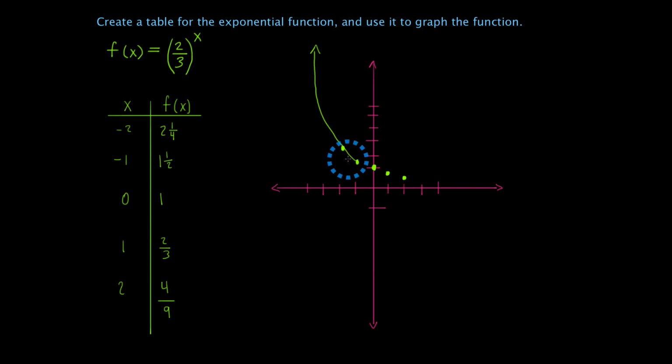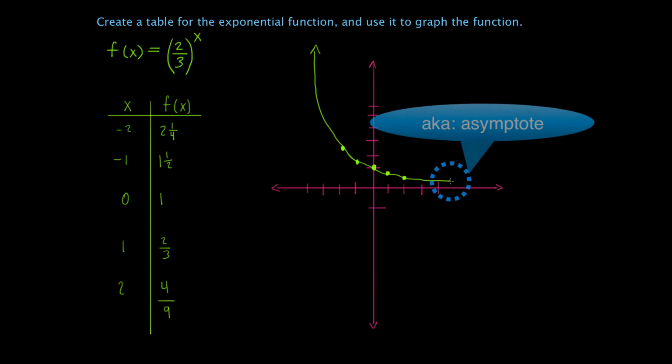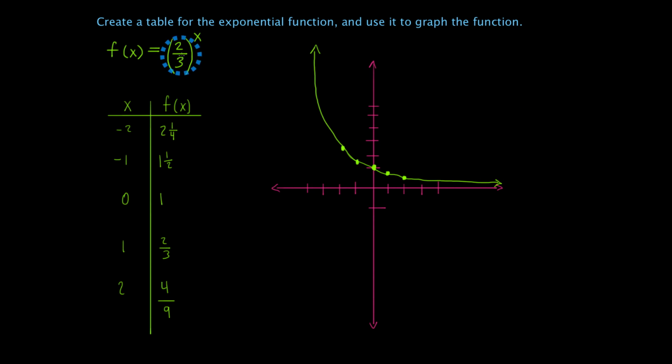It's decreasing quickly, and it's starting to curve or bend, and it's starting to level out as this line approaches the x-axis. It's going to come very close the further away from 0 it gets, but it will never touch. This line will never touch 0 in the case of this function here.